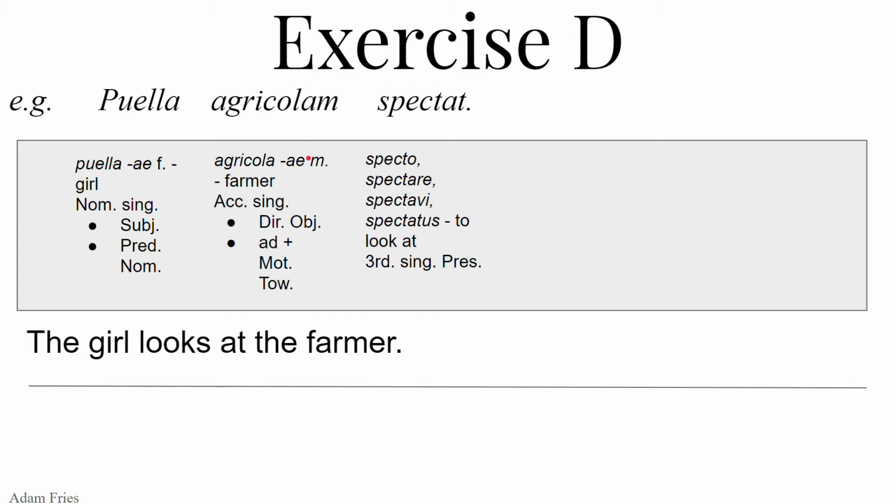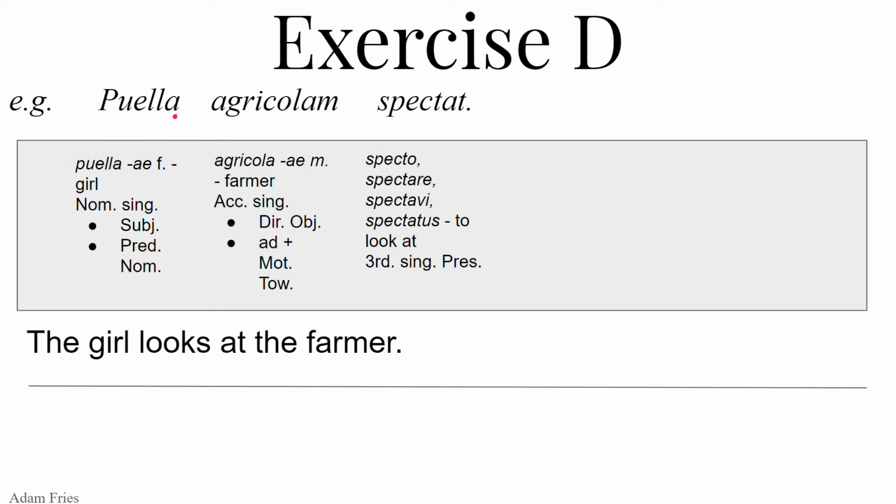Now, we didn't have to write it this way. As long as we keep the endings, the spelling, the same, we could have written agricolam puellae spectat, or spectat puellae agricolam, or spectat agricolam puellae, or any other permutation.